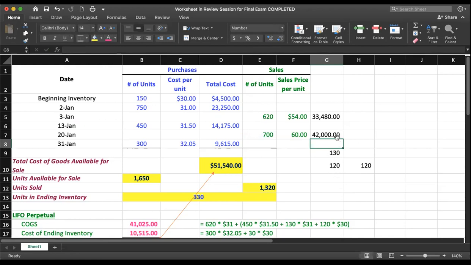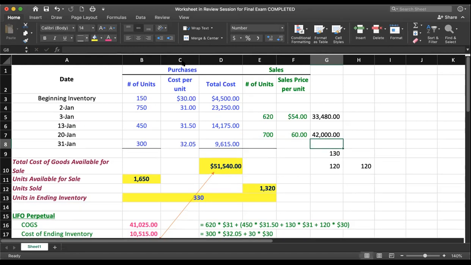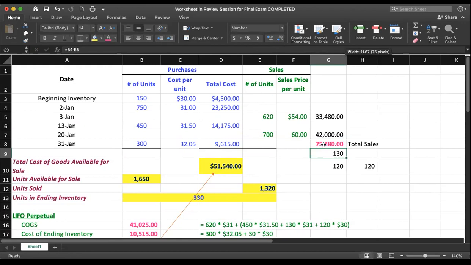The total sales is going to be equal to the sum of these two, and that's $75,480.